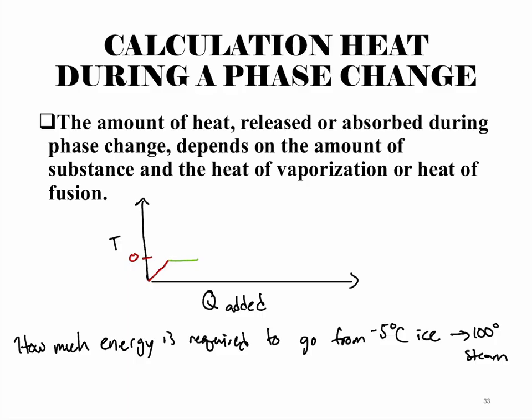Once we've converted all the ice into liquid water, now the energy can go back into changing the temperature of the water until it reaches what temperature? 100, right? Once it starts changing state again from liquid to steam.